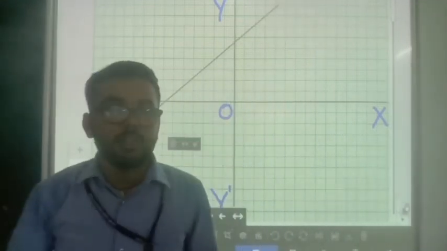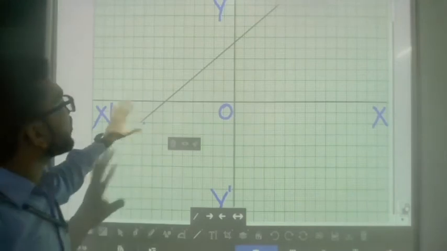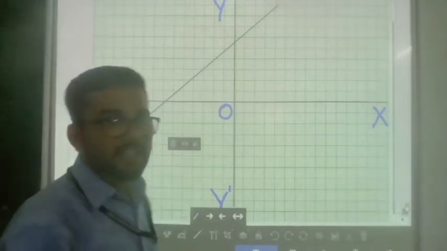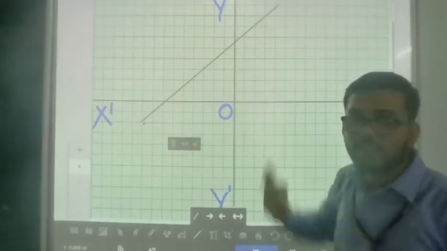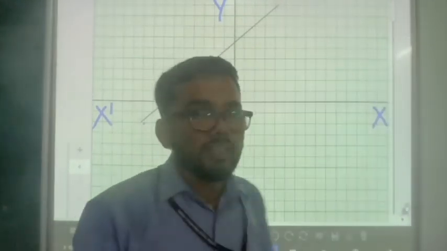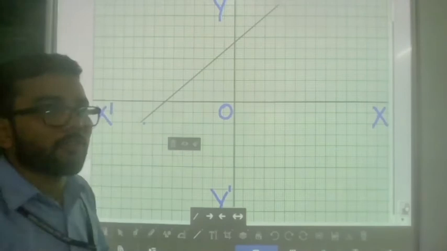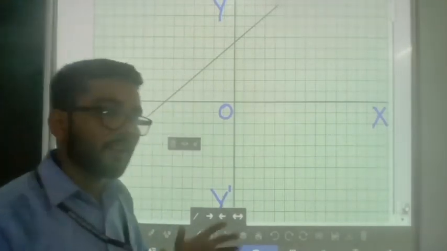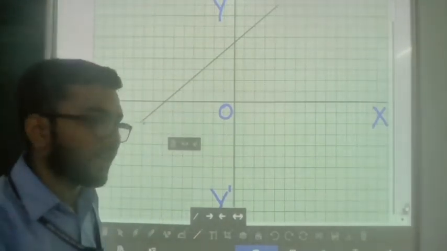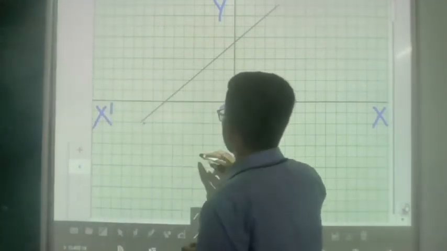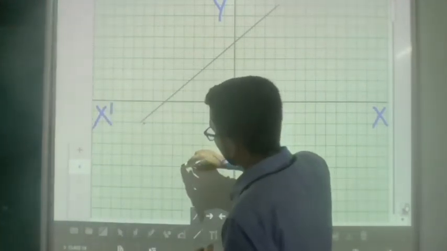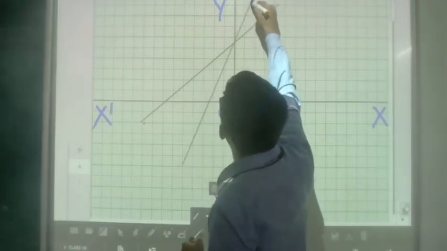Similarly, if we draw a graph of another line, then again we will get a straight line, like this.